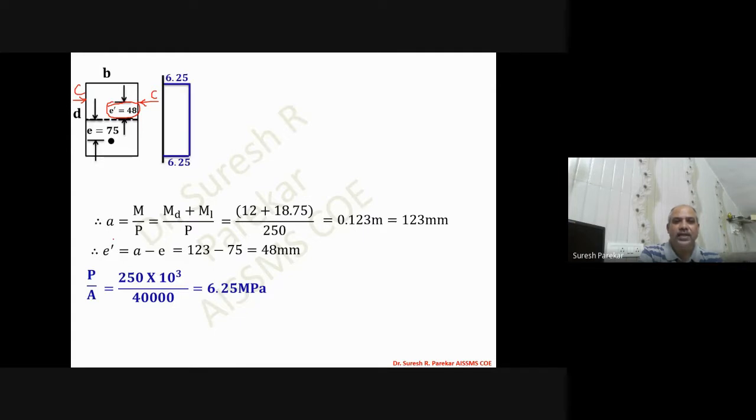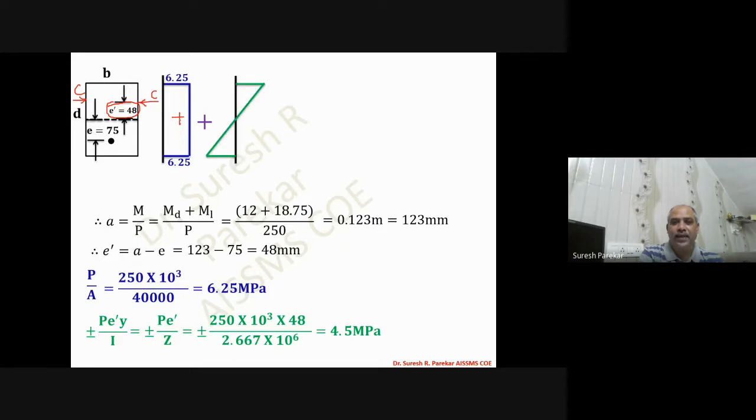Due to P we have compression, so plus. Then PE dash by Z: 250 into 10 raised to 3 into E dash 48 upon 2.667 into 10 raised to 6, which is 4.5 MPa. Above we have compression for both values, below we have tension.